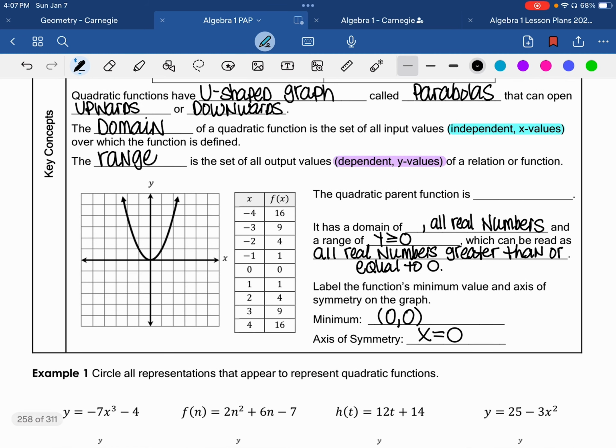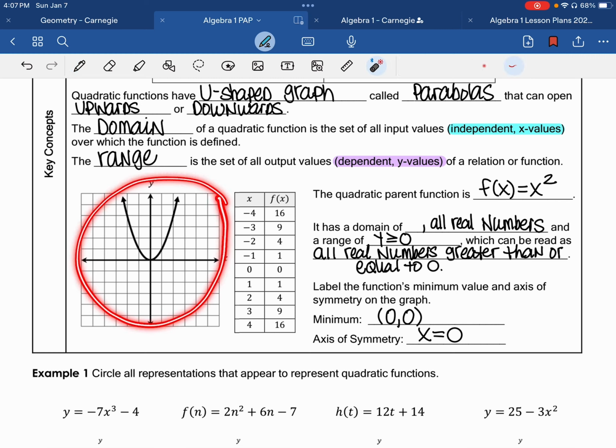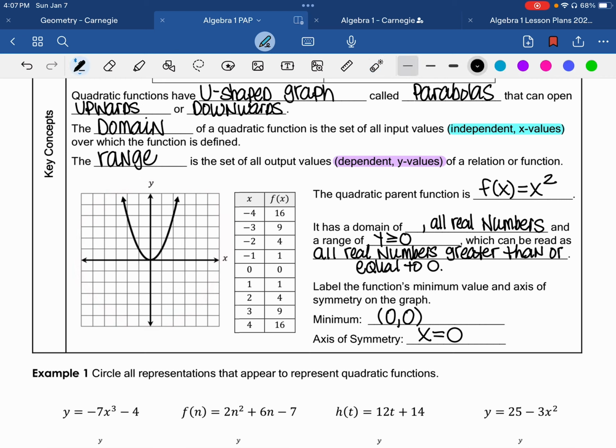A quadratic parent function is the function f of x equals x squared. And you can see that right here in this graph. It has a domain of all real numbers. You can write out the words all real numbers like I have, or you can use this symbol for all real numbers.